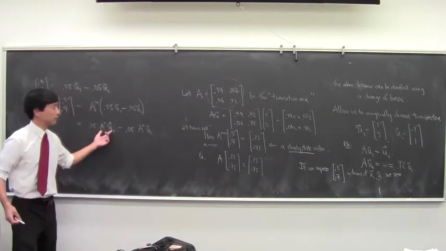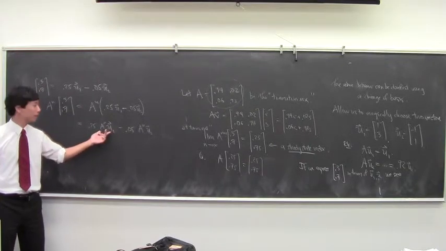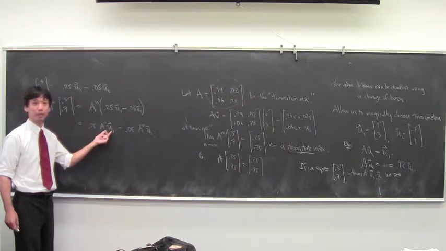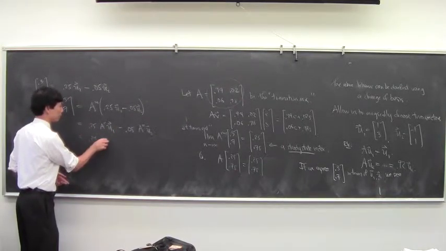Okay, but what is this thing? A to the n times u1, what happens? It's just going to be u1, because u1 is not affected by A. So we get 0.25 times u1.